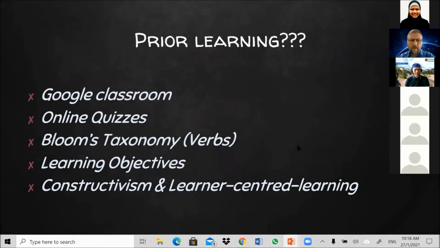But I think most of you were familiar with those first three. The second two, I don't think you answered yet, maybe because I added them afterwards. It was kind of an afterthought, because I thought perhaps if you don't know about constructivism and learner-centered learning, I ought to share something on that.